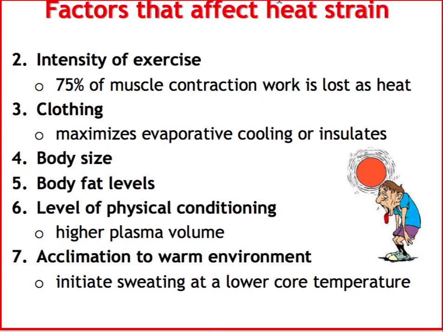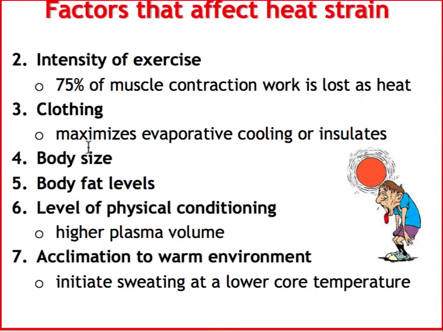The other things that affect heat strain, and so these would be things that you would think about, especially if the heat index is very high. And so exercise intensity, we talked about that, 75% is lost as heat. So that's going to increase body temperature. Clothing, and so either it allows evaporative cooling or it insulates the body and doesn't allow that evaporative cooling.